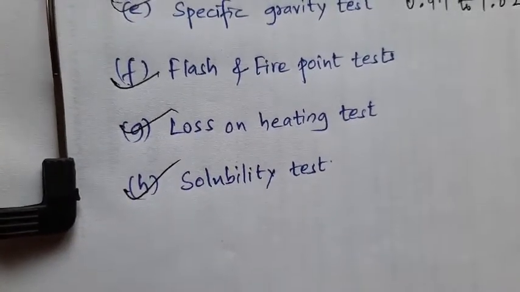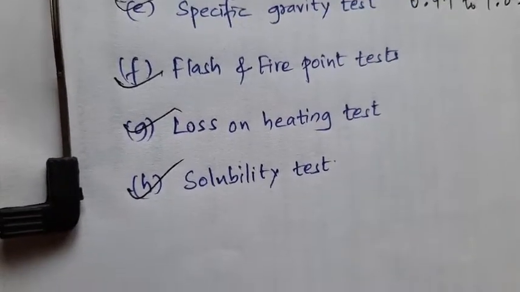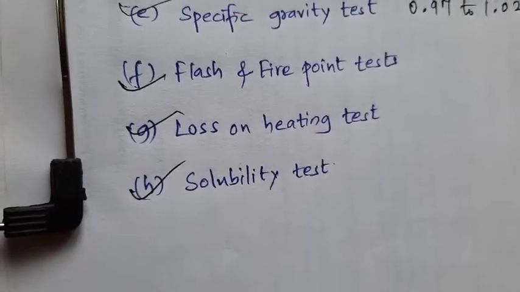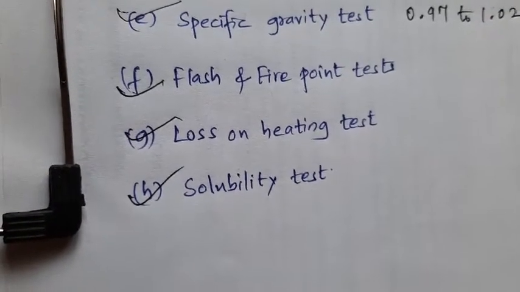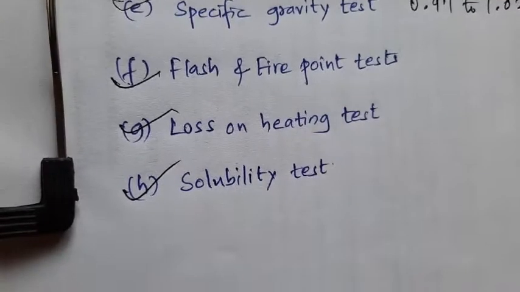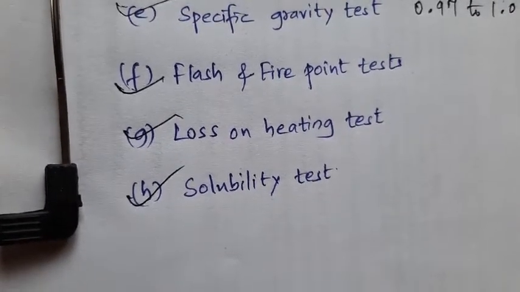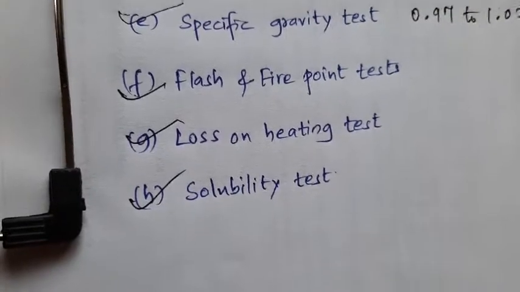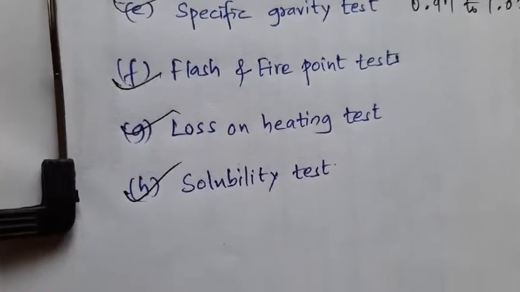Bitumen used for the mix should not show more than 1% loss. If the penetration value is 150 to 200, up to 2% is valid. The important thing is that the reduction of the penetration value should be less than 40% of the original penetration value of the bitumen after heating. That is all about loss on heating.